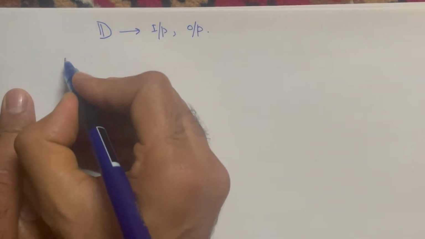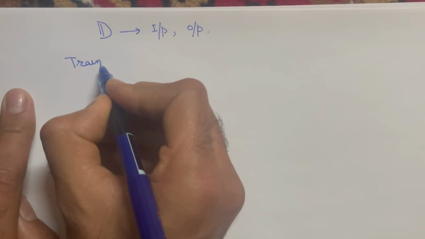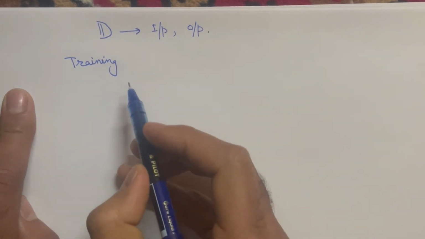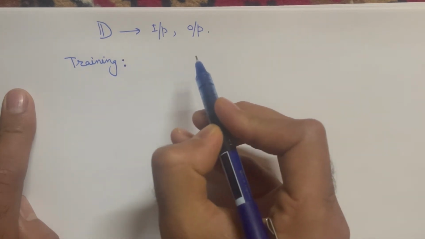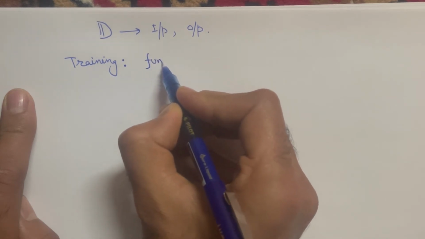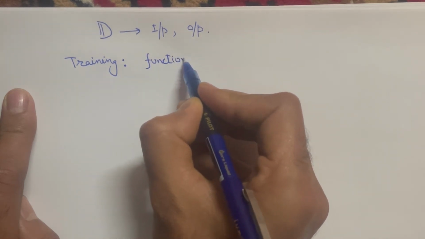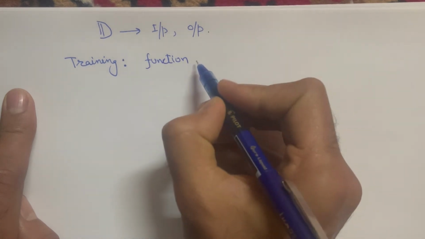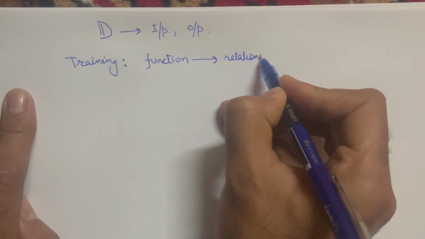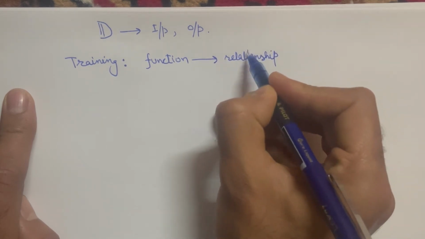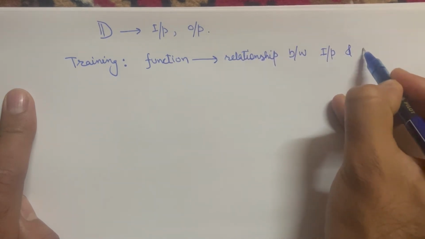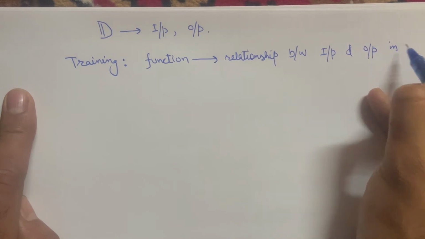Now training here means that we want to find a function that captures the relationship between input and output in the data set.